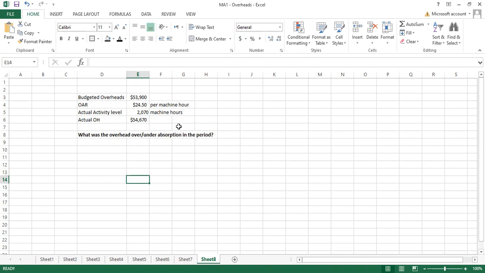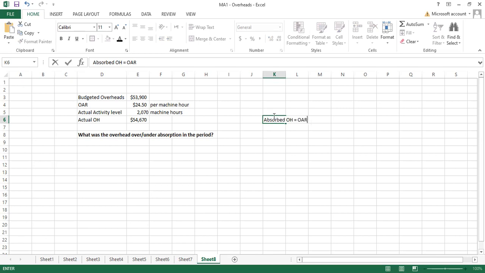I will not write the options here. First you try, then let's see. When you see this, you need to calculate absorbed overheads. And how do you get absorbed overheads?